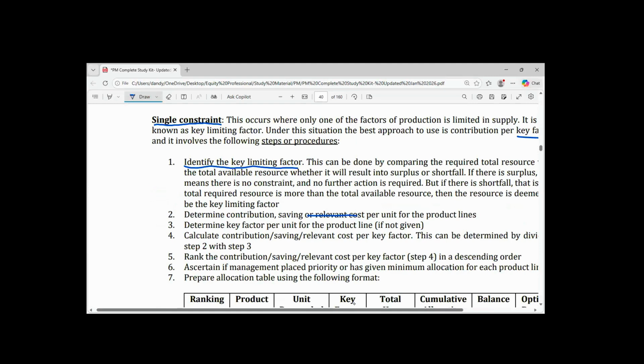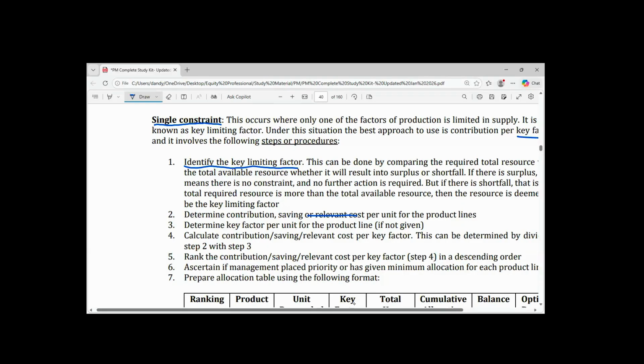Savings per unit will only arise if it is optimal mix involving make or buy. In most cases, it will be contribution per unit. But if the question involves limiting factor involving make or buy, in that case, you are going to determine savings or deficit.